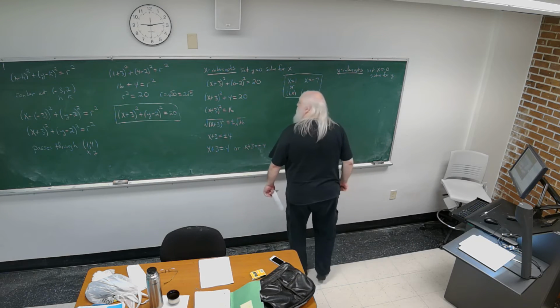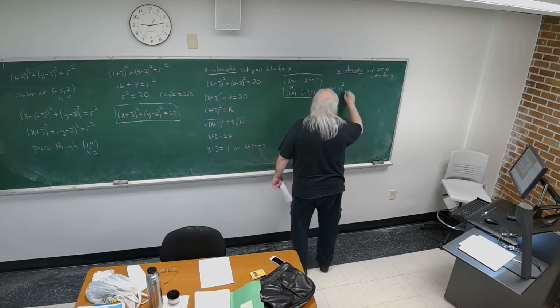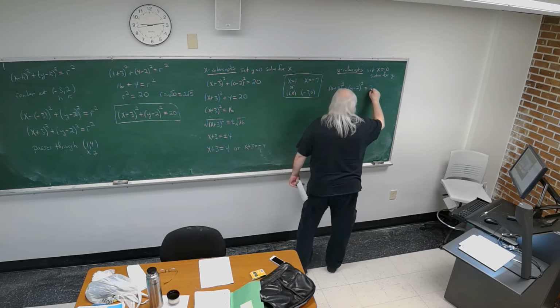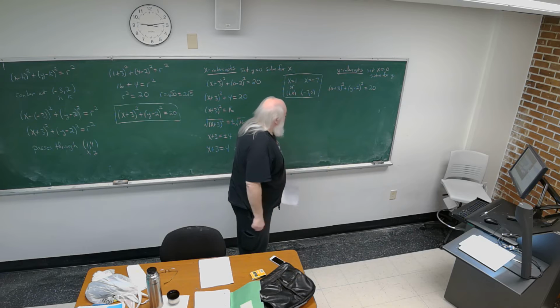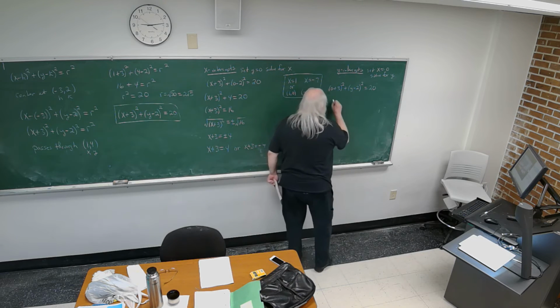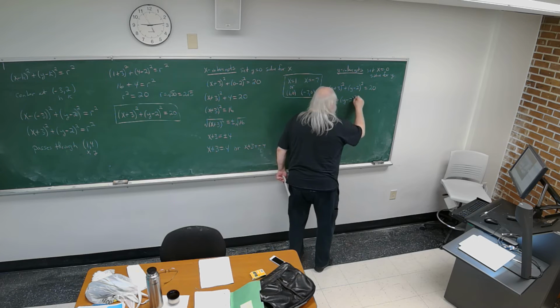So when we put 0 in for x, we have 0 plus 3 squared plus y minus 2 squared is equal to 20. Well, 0 plus 3 is 3, and 3 squared is 9.